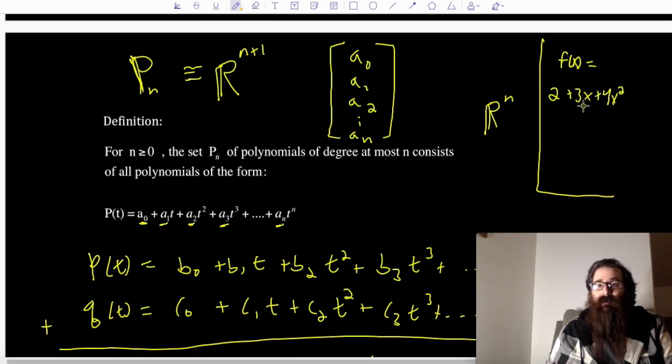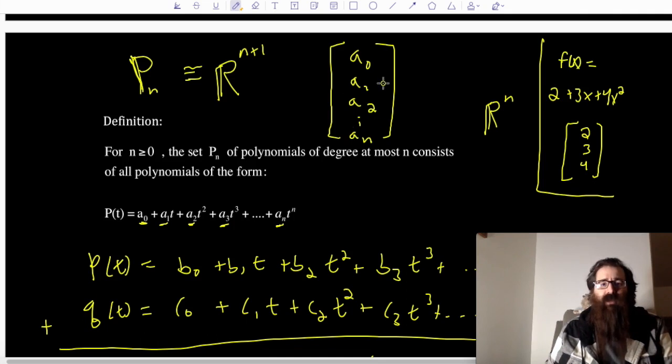I don't really need you to tell me the form of it if you're saying that it's a polynomial of degree 2. The only things that I need to know are what those constants and coefficients look like. So we can actually just assemble the information into a vector, for example, 2, 3, 4, and I'll know the order it should go in. It should be 2 times x to the 0, my constant term, plus 3 times x to the first, and 4 times x squared. And that's kind of the idea.